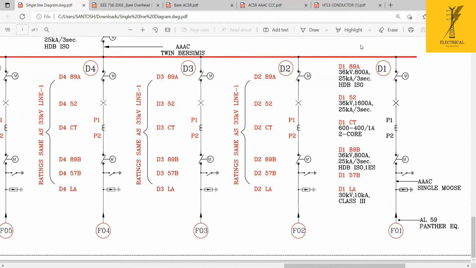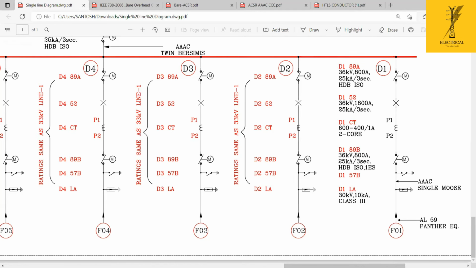This bus is again a conductor, and the connections between the lightning arrestor and isolator also require a conductor. So in today's class, we are discussing different types of conductor, how to select the conductor, how the conductor will work, and how the conductor will function.